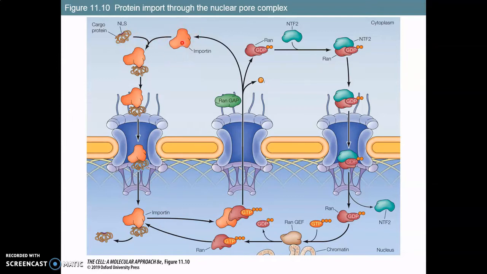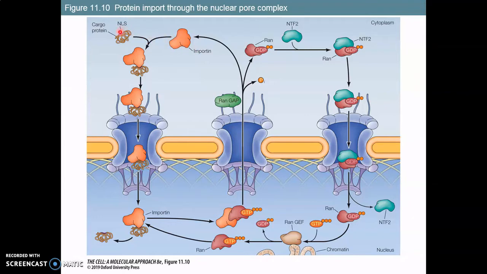Now, there is a particular protein called importin, but we're going to use importin as a class of proteins because there are several members in this class, and they all recognize different nuclear localization signals.